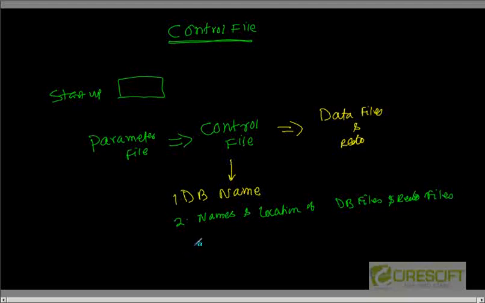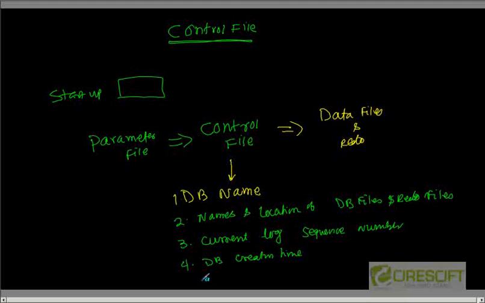The third is the current log sequence number. The fourth is the database creation time, when the database was created. And number five is checkpoint information.